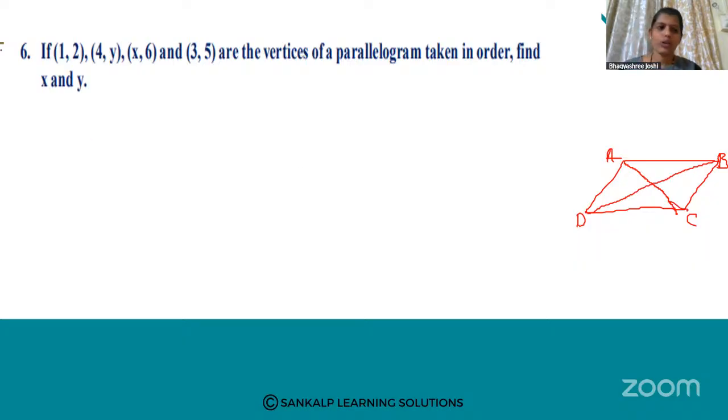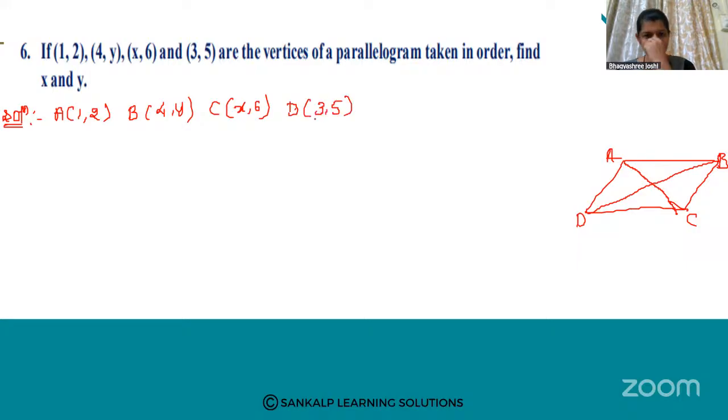So what have they given? The coordinates of A, B, C, D. Solution: A is (1, 2), B is (4, y), C is (x, 6) and D is (3, 5). These are the coordinates of the parallelogram A, B, C, D.